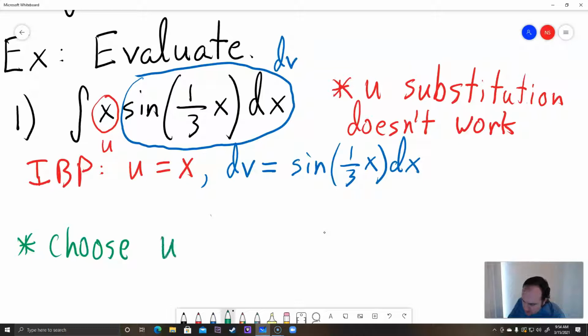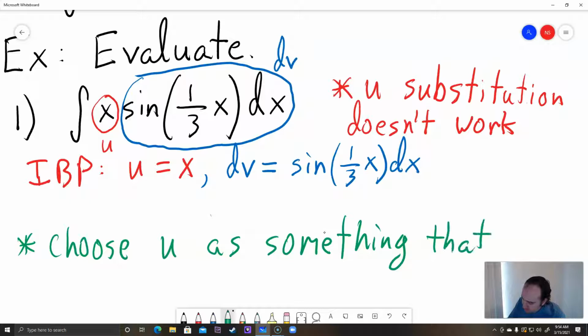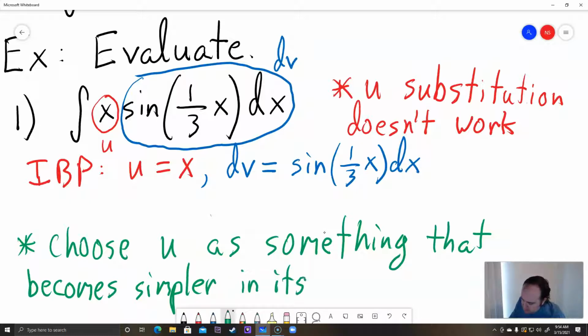Choose u as something that becomes simpler in its derivative. That's really the trick to the art of integration by parts. You want to let u be something that becomes simpler when you take the derivative.